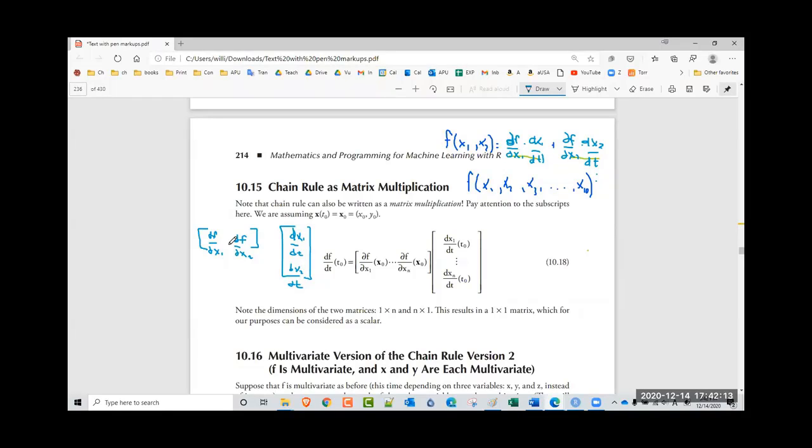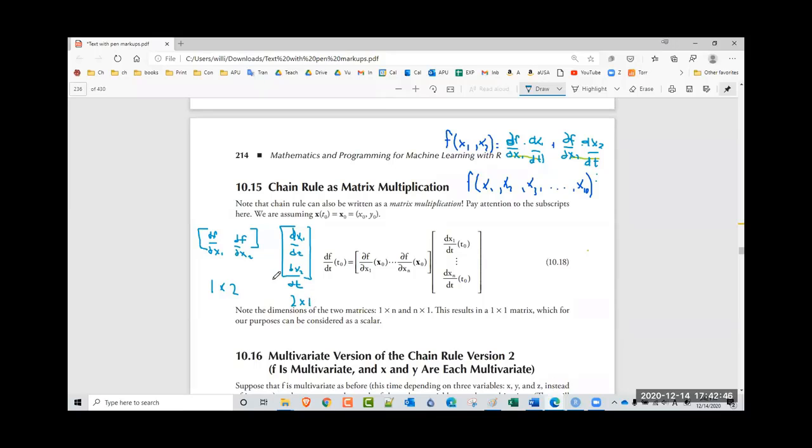Now, here's the magic. If I take this matrix times this matrix, what are the dimensions of this matrix? 1 by 2, right? And of this matrix? 2 by 1, right? So are we allowed to multiply these two matrices? They have the right dimensions? Yes. And the resulting size is going to be 1 by 1, right?